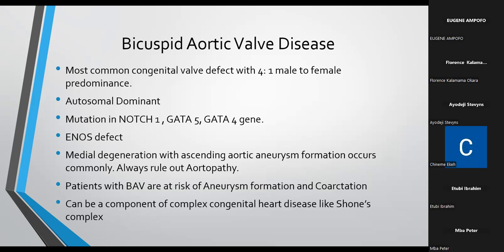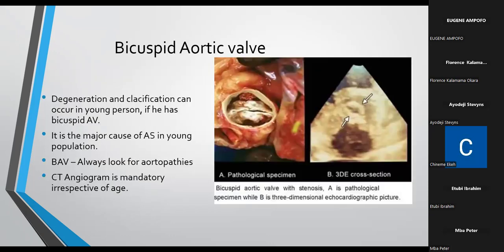And this can be a component of the Shone complex, in which case you have aortic stenosis and coarctation of the aorta. This is a pictorial representation of a bicuspid aortic valve, shown here.